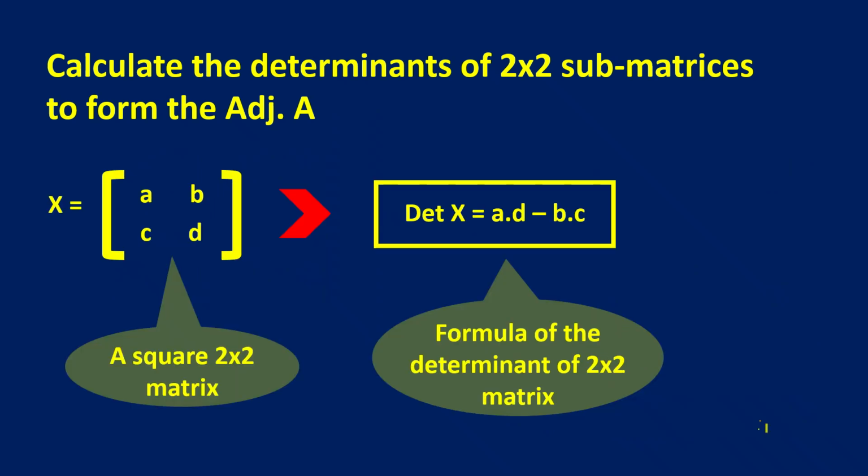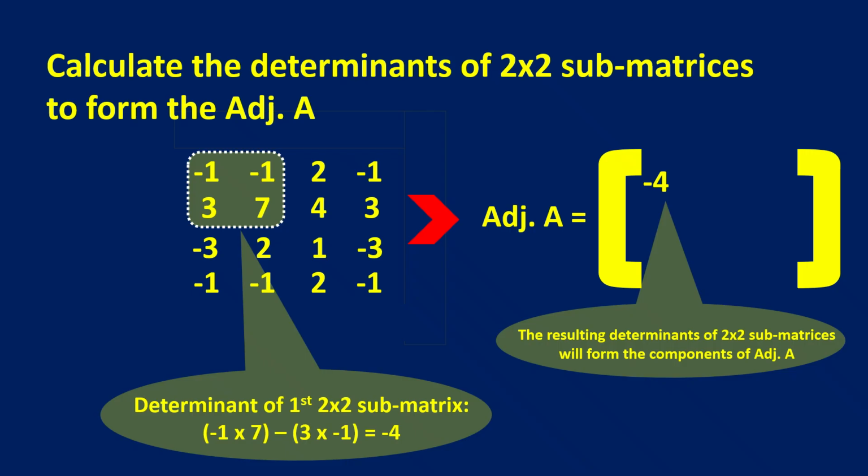And as you can recall, I'm showing you here in the box the formula of the determinant of a 2 times 2 matrix. Now we can start the calculation of the determinant of each of the 2 times 2 submatrices.